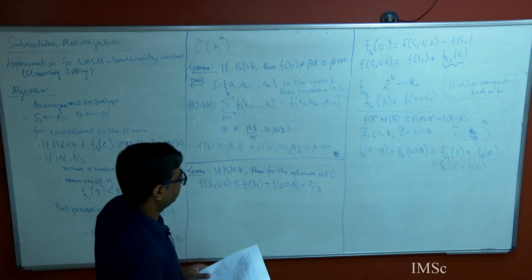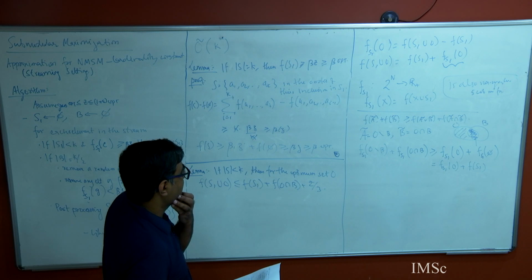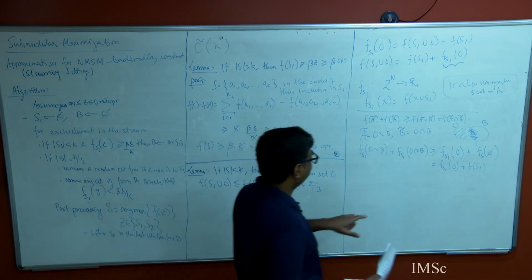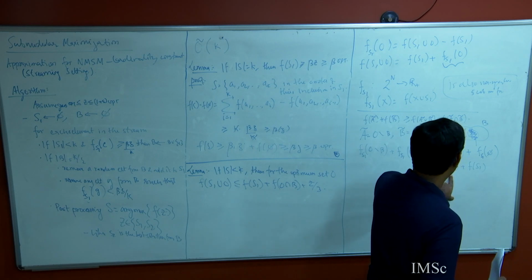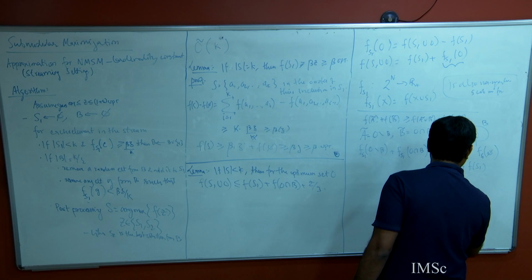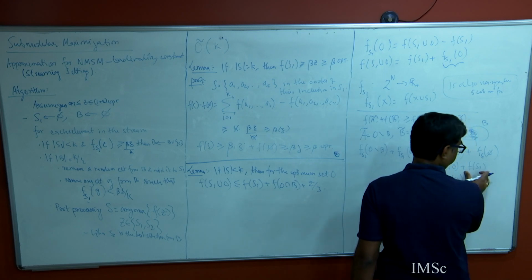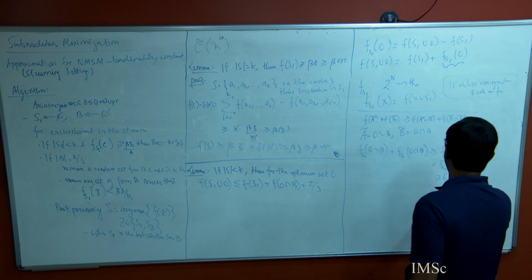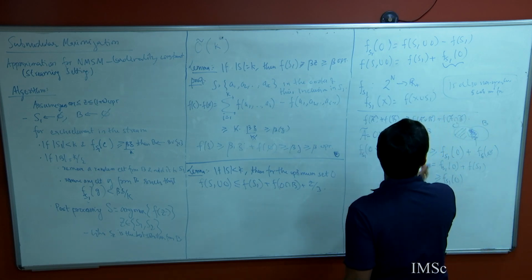Okay? So now what is f of S1 O? This is at least this quantity, because this is a positive quantity, right? So I can write f of S1 as lower bounded by this.